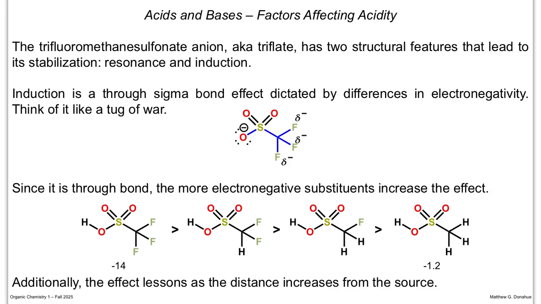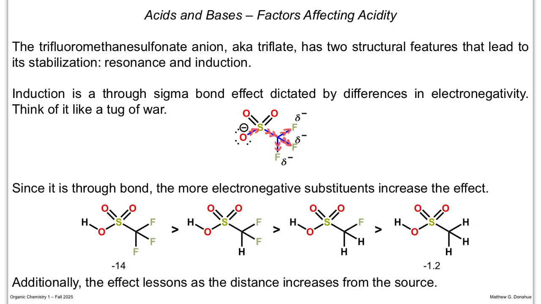And really what that is, what I'll draw on those blue bonds, those fluorines can sense that negative charge. And the sigma bond network is kind of like tug of war.